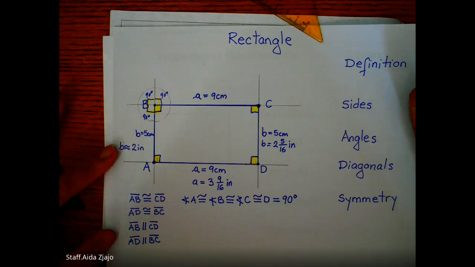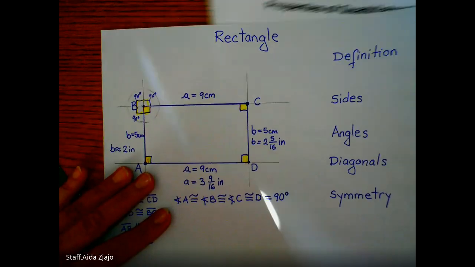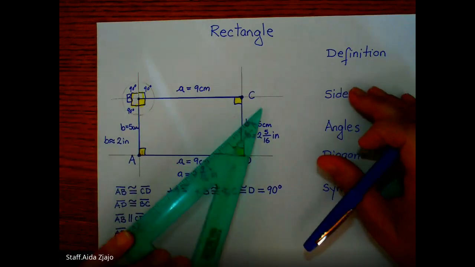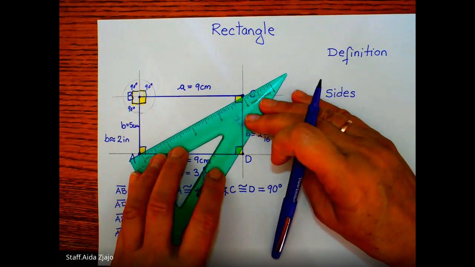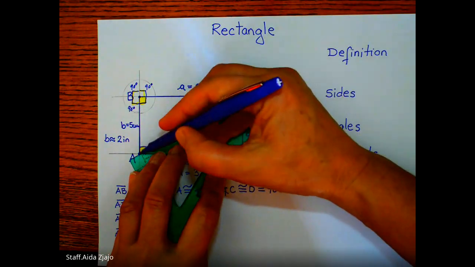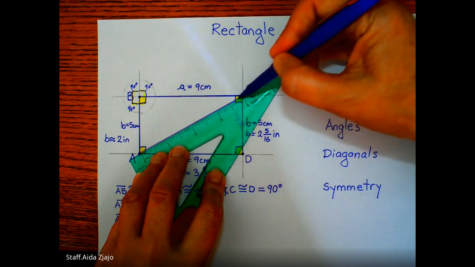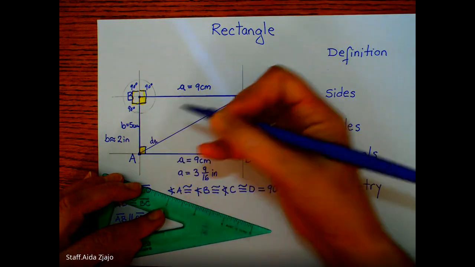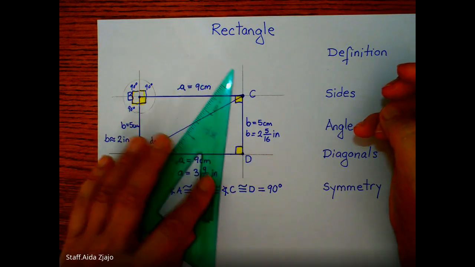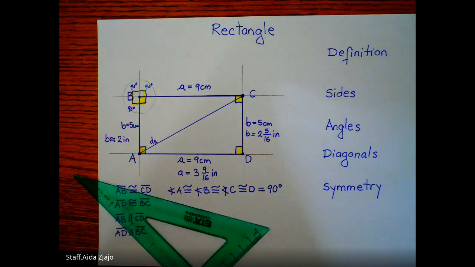Another thing we can talk about is diagonals. If I take my ruler and cut a diagonal between opposite points, we label it D1, and it cuts the rectangle into 2 identical congruent triangles.